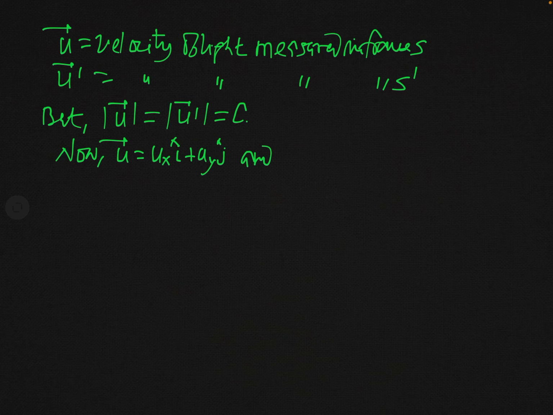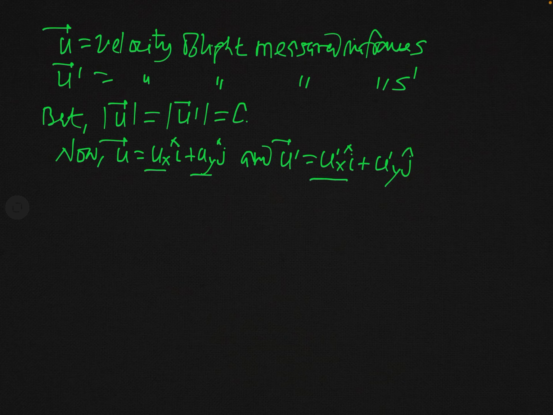And at the same time, you can also note that u prime will be equal to u prime x i plus u prime y j. It is obvious that ux is the x component of velocity vector u along the x-axis in frame S, and uy is simply the y component of velocity vector u.